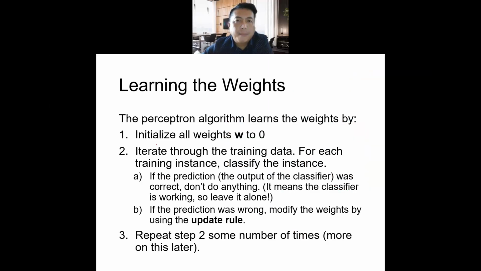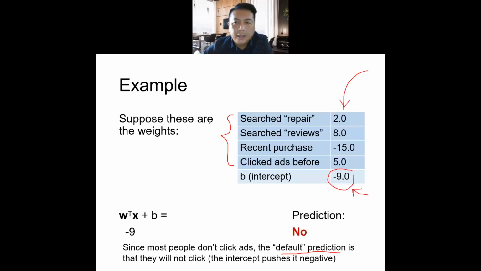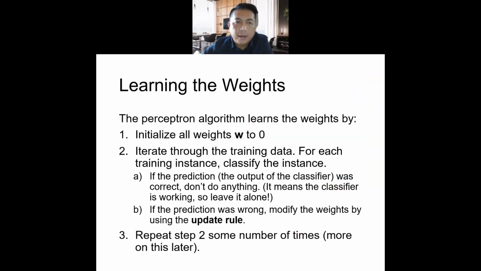So how does it get the optimized weights for each of the inputs of the perceptron? Initially, all weights will be initialized to 0. It will iterate through the training data.